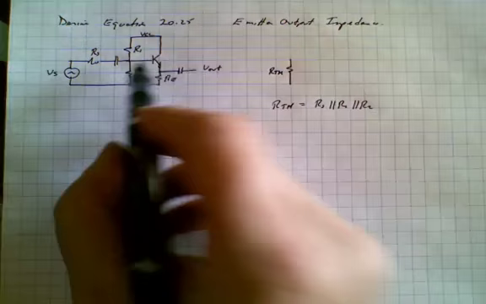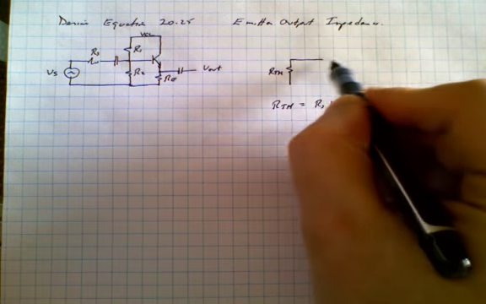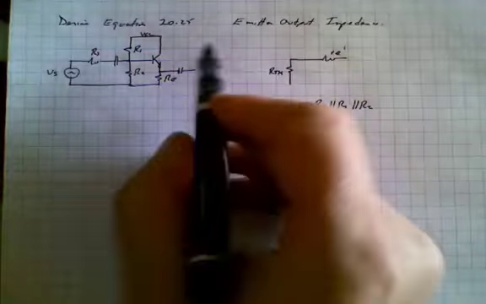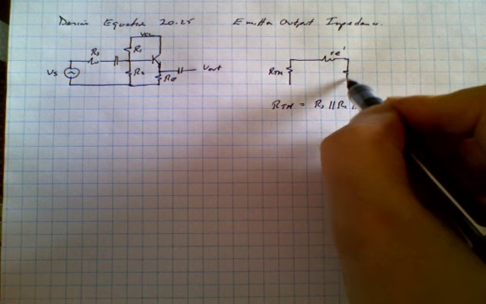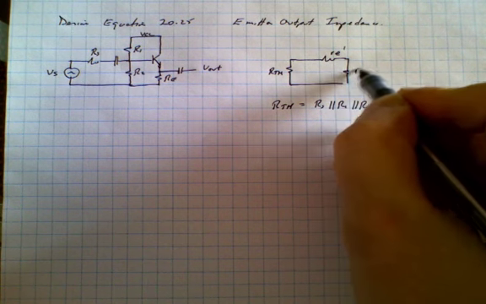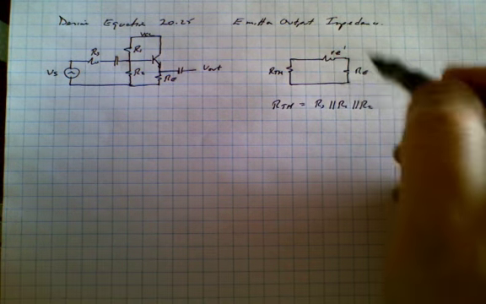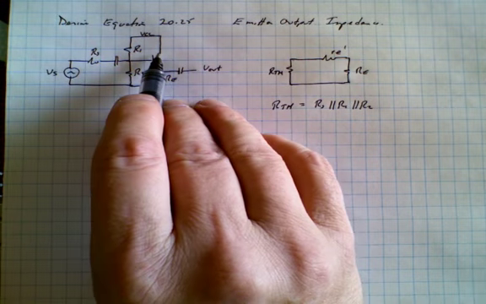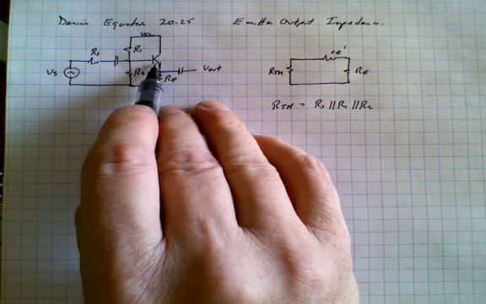Now from there, we go into the transistor itself, and we have RE prime. And coming out of the transistor, we have simply RE. Now, this circuit is a little bit more complicated than what this illustration shows, because we have the collector, which is injecting current into the transistor as well.